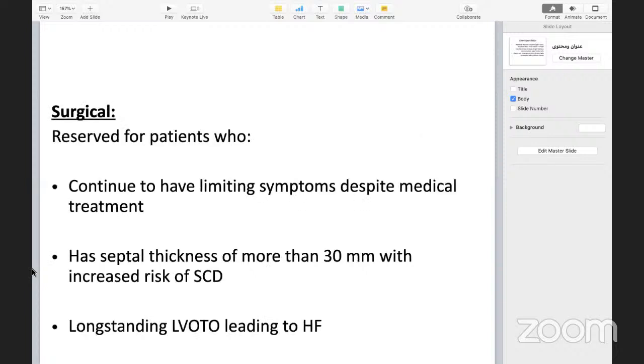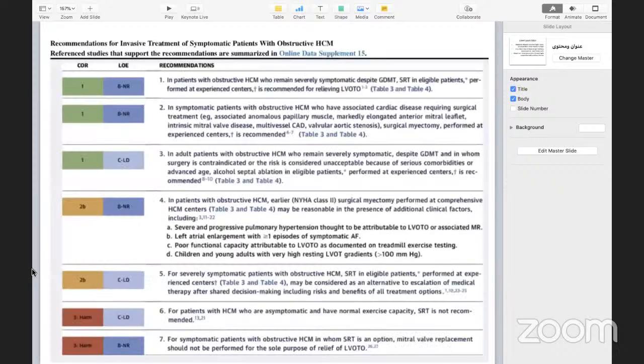Moving to the surgical treatment, it's reserved for patients who continue to have limiting symptoms despite medical treatment, and if they have septal thickness of more than 30 with increased risk of sudden cardiac death, or long-standing LVOT obstruction leading to heart failure. These are the recommendations.